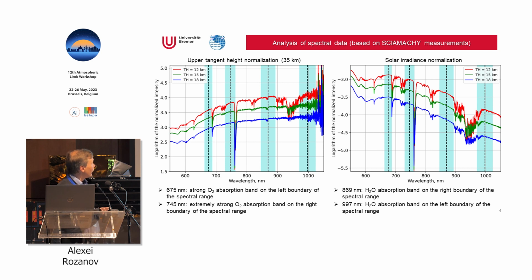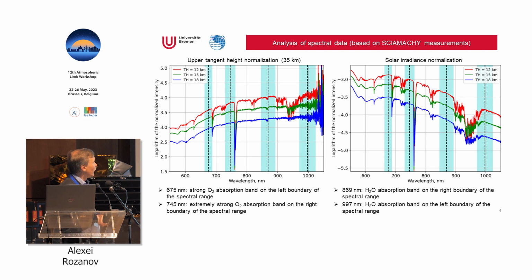And we have the same feature at 760, or 745 nanometer, was it. Here we also have an ozone absorption band. At 869, this is almost nothing, with the exception of this funny feature if you want to normalize to the upper tangent height. But at the moment, unfortunately, I cannot say what that is.